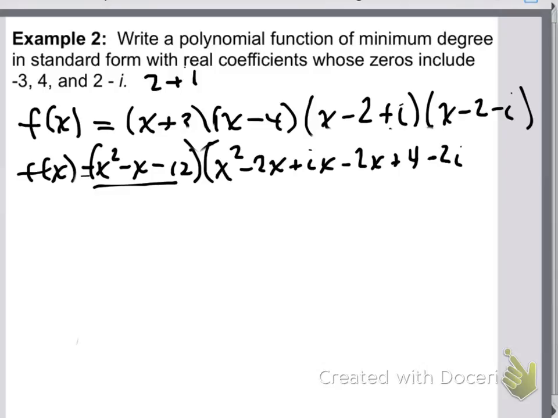And then I have a negative i times x, plus 2i, minus i squared.